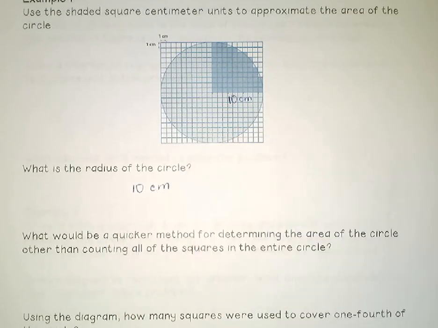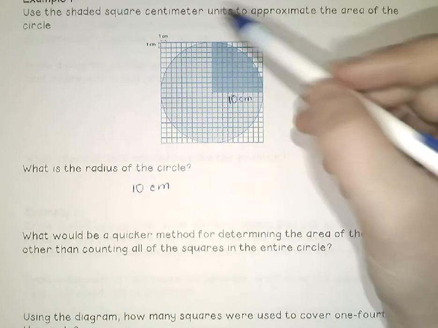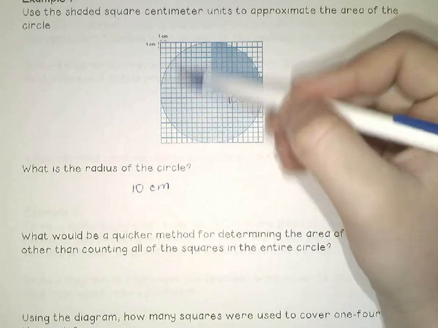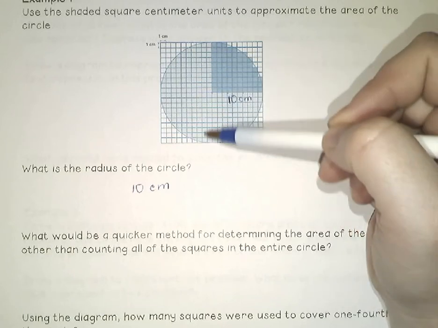10 centimeters. What would be a quicker method for determining the area of the circle other than counting all of the squares in the entire circle? I can add all of these squares, and that will be super long.